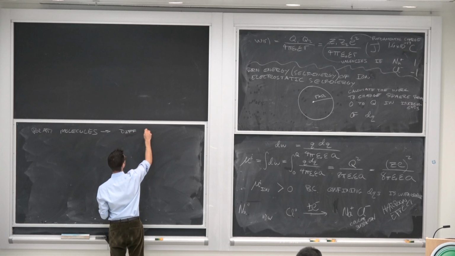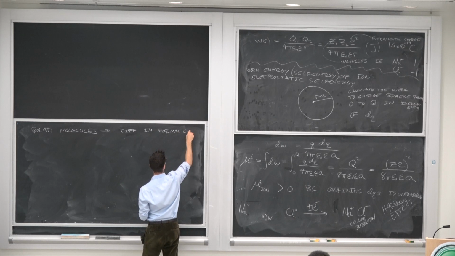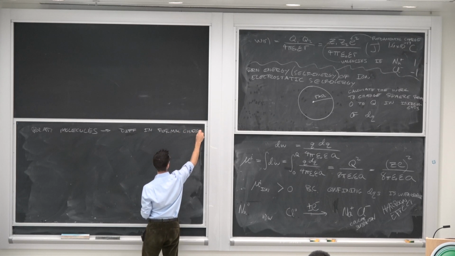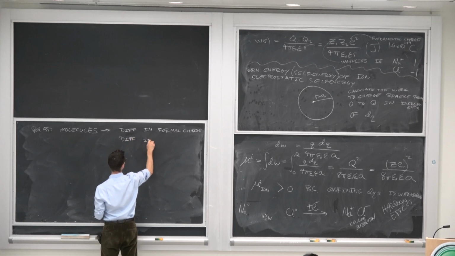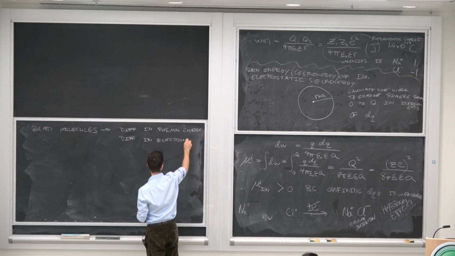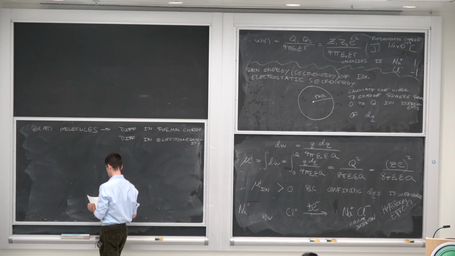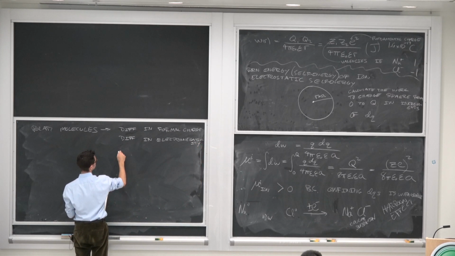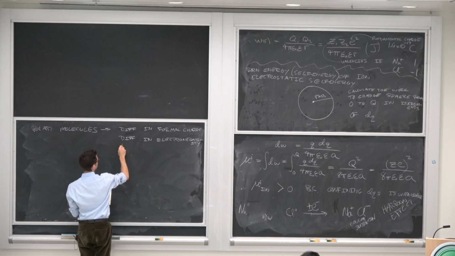So differences in formal charge. Differences in electronegativity. And also asymmetry.